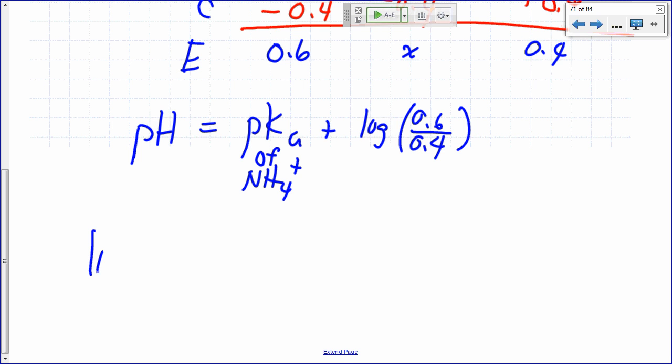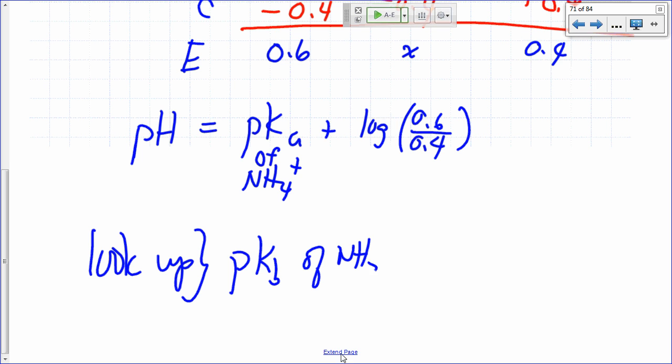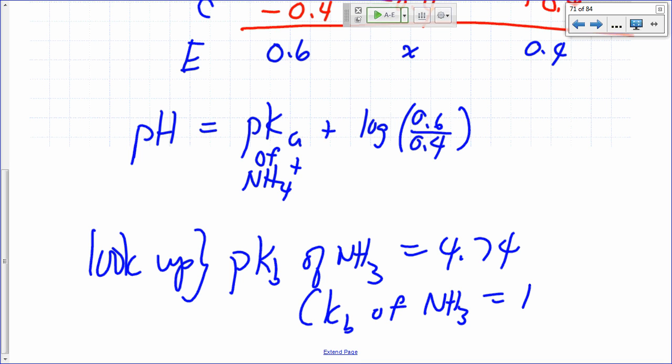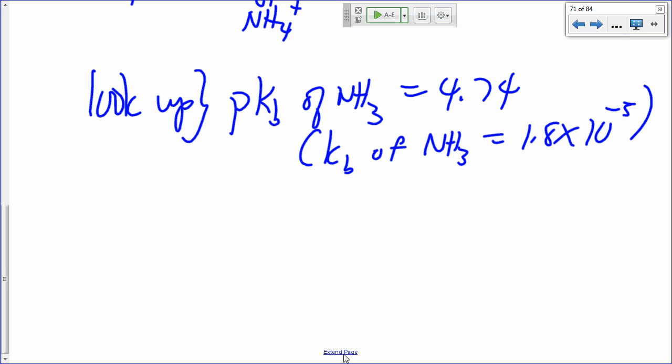Well, you can look up. You'll find pKb of ammonia is 4.74, okay? Or you might find Kb of ammonia to be 1.8 times 10 to the negative 5. You can look that up. So how do I get pKa of ammonium? What do we know about Ka and Kb for a conjugate pair?